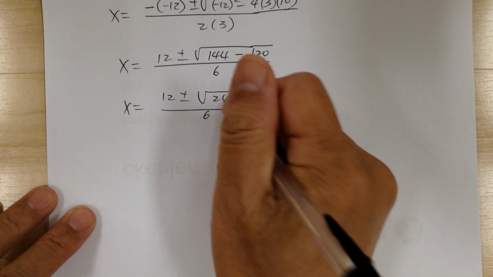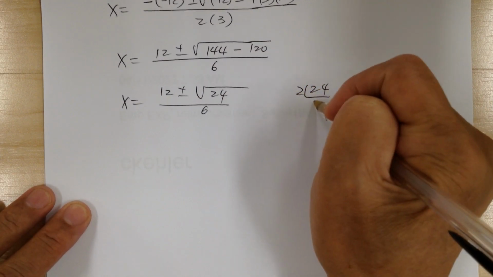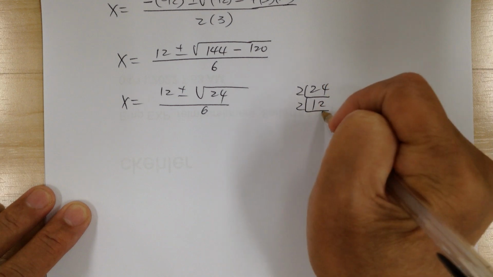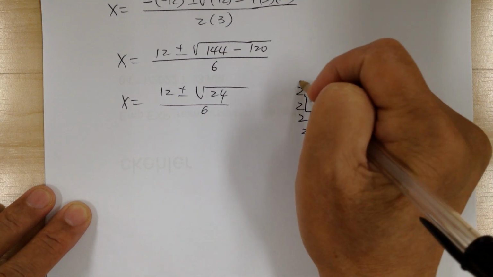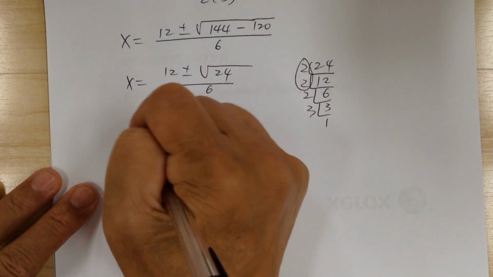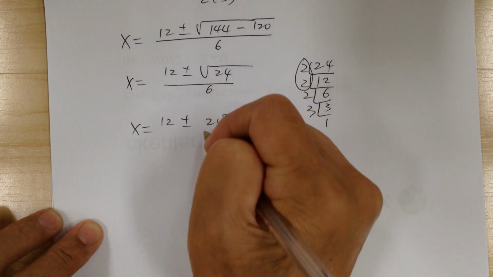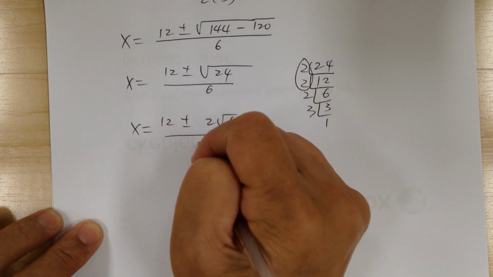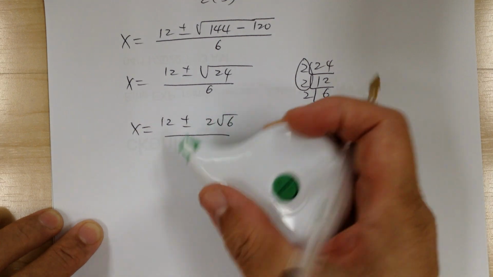And 24, that's going to simplify. Okay, so break it down. Divide by 2, divide by 2 again, divide by 2, divide by 3, and only this 2 can come out. So x will equal 12 plus or minus 2 square root of 6 over 6.